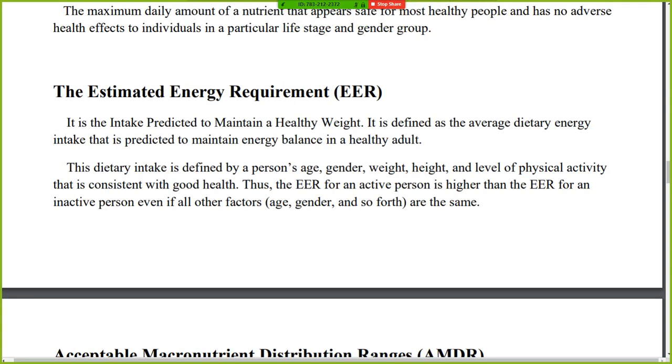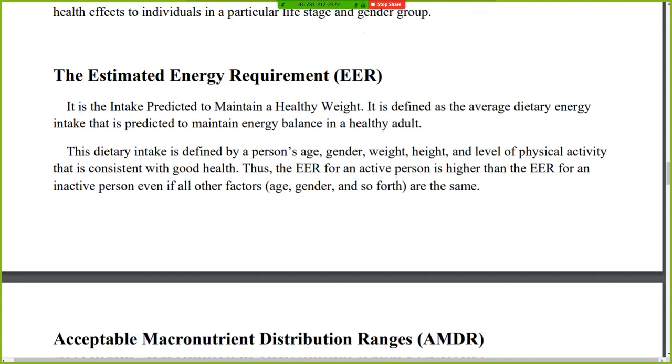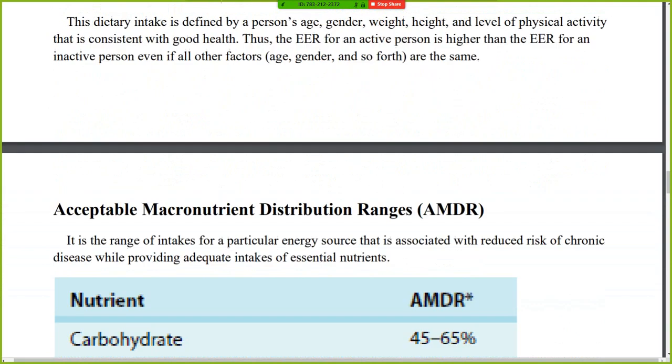This dietary intake is defined by a person's age, gender, weight, height, and the level of physical activity that is consistent with good health. Thus, the EER for an active person is higher than the EER for an inactive person, even if all other factors like age and gender are the same.